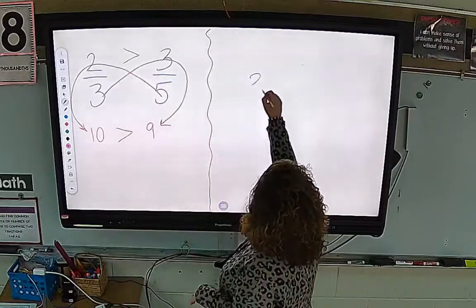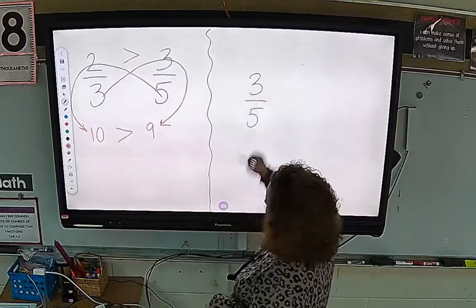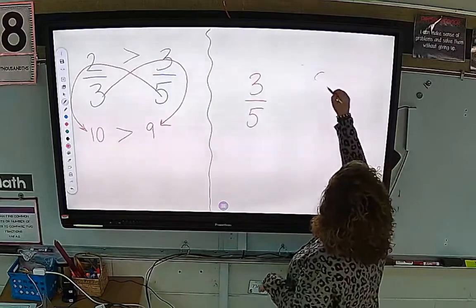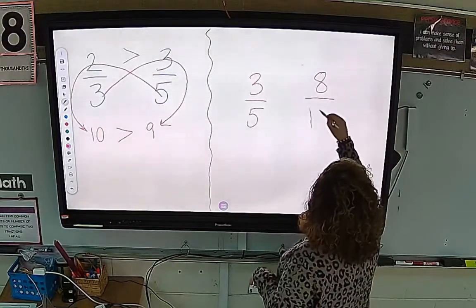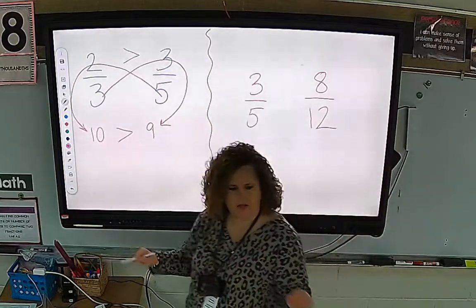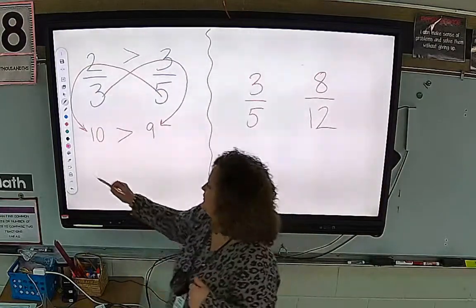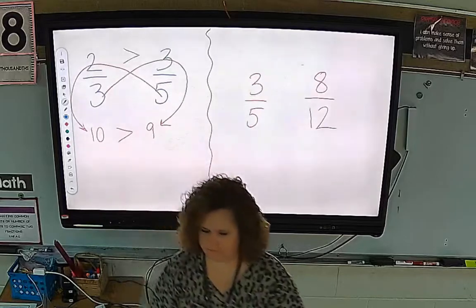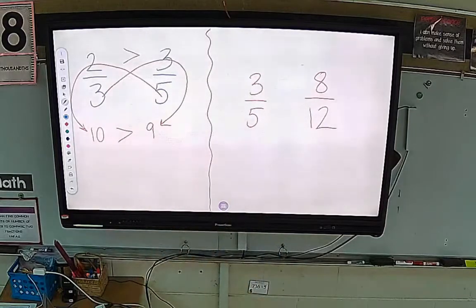So right now, we've got 3/5, and we've got 8/12. All right, use the heart method to figure this one out. Okay. Try the heart method again. Let's see how this goes.